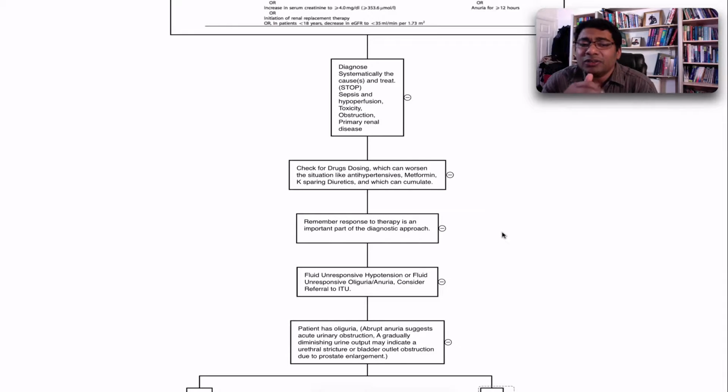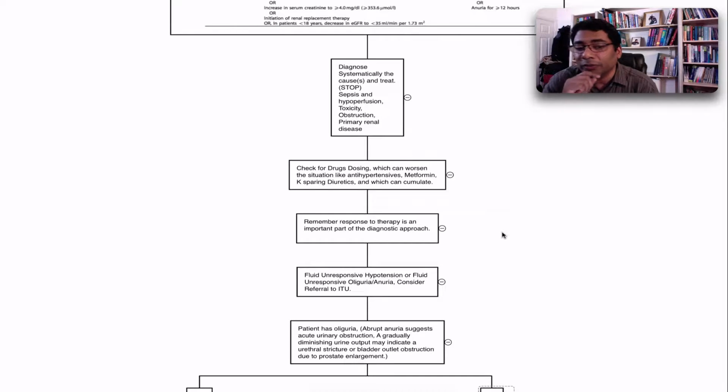So the response to therapy is quite an important part of the diagnostic approach, and it's very important we realize it and we use it appropriately. For a fluid unresponsive hypotension or fluid unresponsive oliguria or anuria, consider referral to ITU.